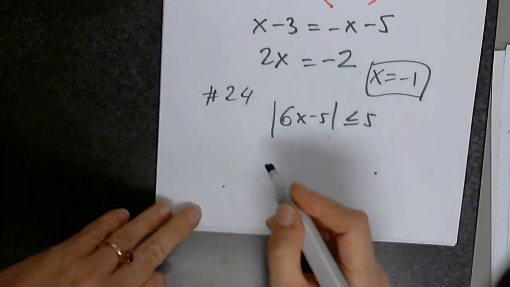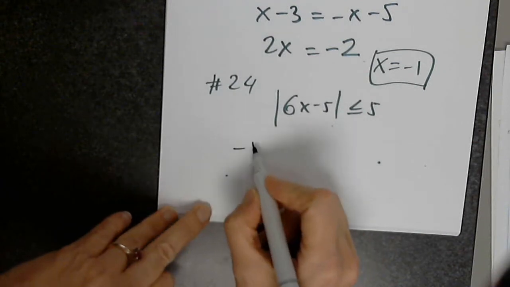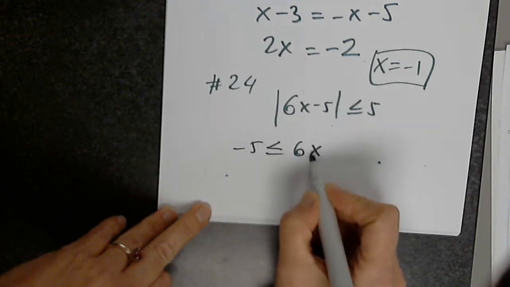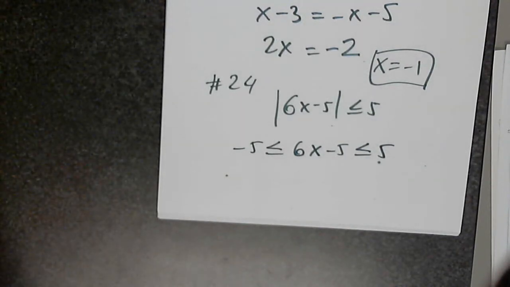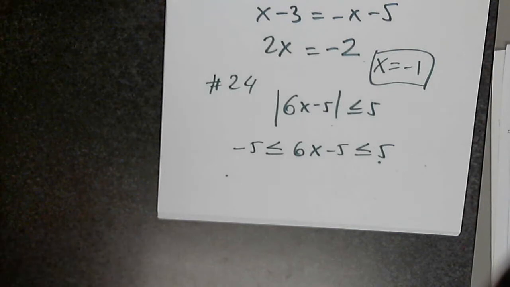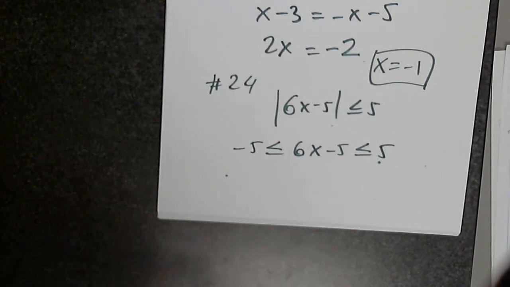So how do I write it? I recommend this. I've seen students who separate this one as well, but then at the end they forget to intersect. And there is no need to do that, because this is much easier if you write it as a chain. Okay, so then what will I have to do next to solve for x?